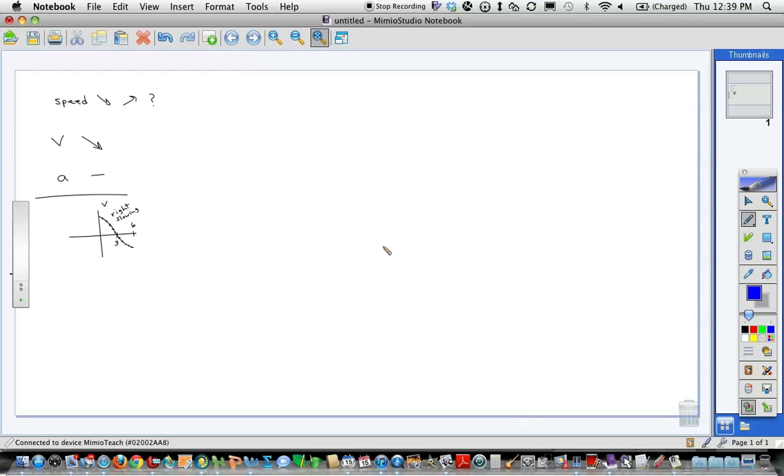Decreasing. It's slowing down. So right here, the velocity is decreasing and the speed is also decreasing. But right here, what's the velocity? Negative. So the particle's going left, and its velocity is getting more negative. So it's speeding up. It's now going left and speeding up. So its speed is increasing. Its velocity is decreasing, but its speed is increasing.